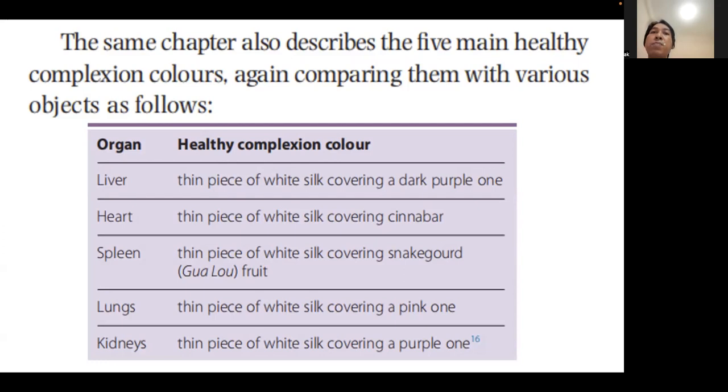In the spleen, a thin piece of white silk covering snake gourd fruit is the healthy complexion color. In the lungs, a thin piece of white silk covering a pink one. In the kidney, a thin piece of white silk covering a purple one.